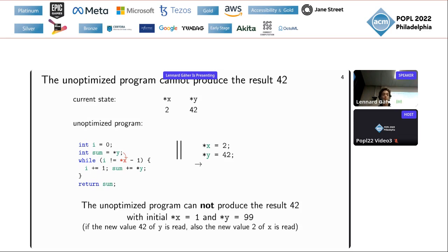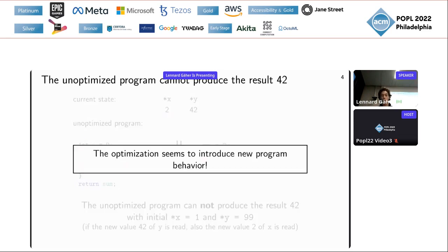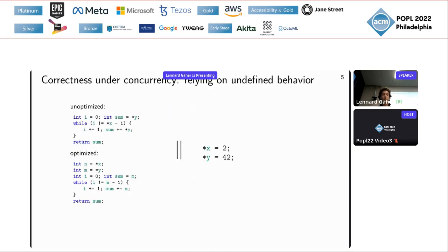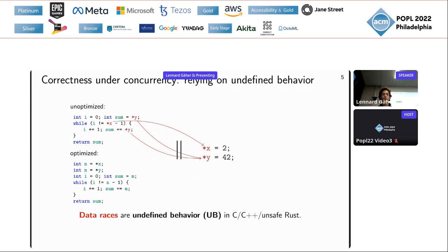So the optimized program can produce results that the unoptimized program could not, and the compiler should not be allowed to do such transformations. There must be something more going on here. And actually, the reason why the optimization is still correct is that there is a data race between the two threads in this example, since one thread is reading while the other is writing, without any synchronization.